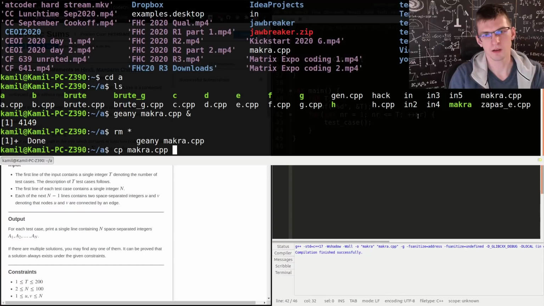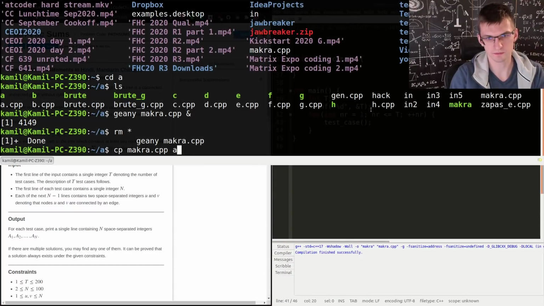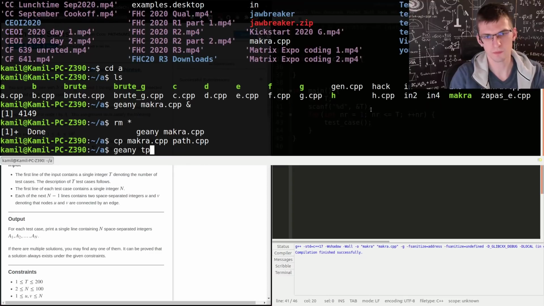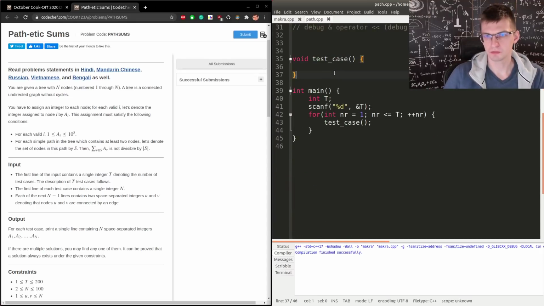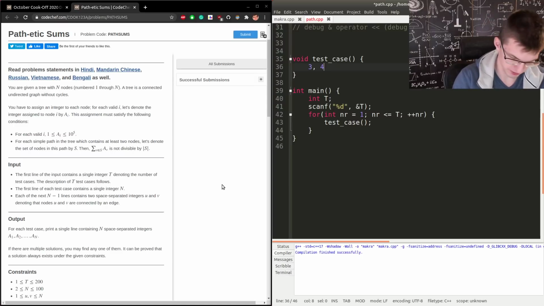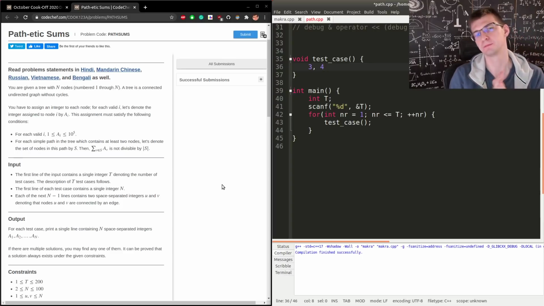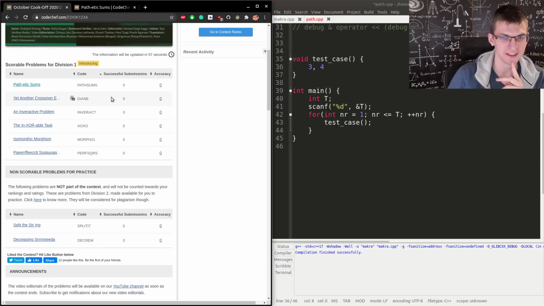Templates.cpp. Oh, maybe names pathetic. Okay. Yeah, 3 and 4 cannot be neighbors. There must be neighbors. Then for distance 3. Is that easy? I never know if this is sorted by difficulty or not.